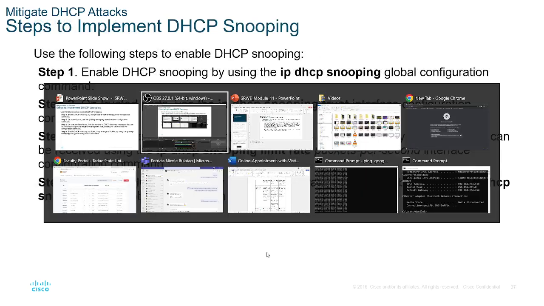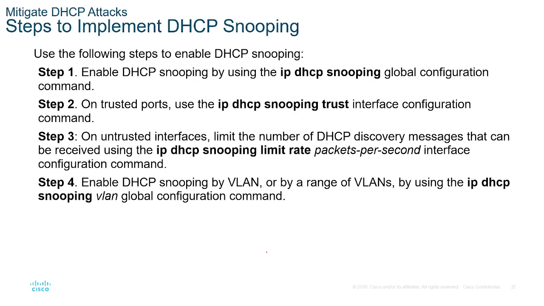So, steps to implement DHCP snooping. Enable DHCP snooping by using the ip dhcp snooping global configuration command. On trusted ports, use the ip dhcp snooping trust. And on untrusted interfaces, limit the number of DHCP discovery messages that can be received using ip dhcp snooping limit rate, and then ilang packets per second yung gusto mong ilimit.